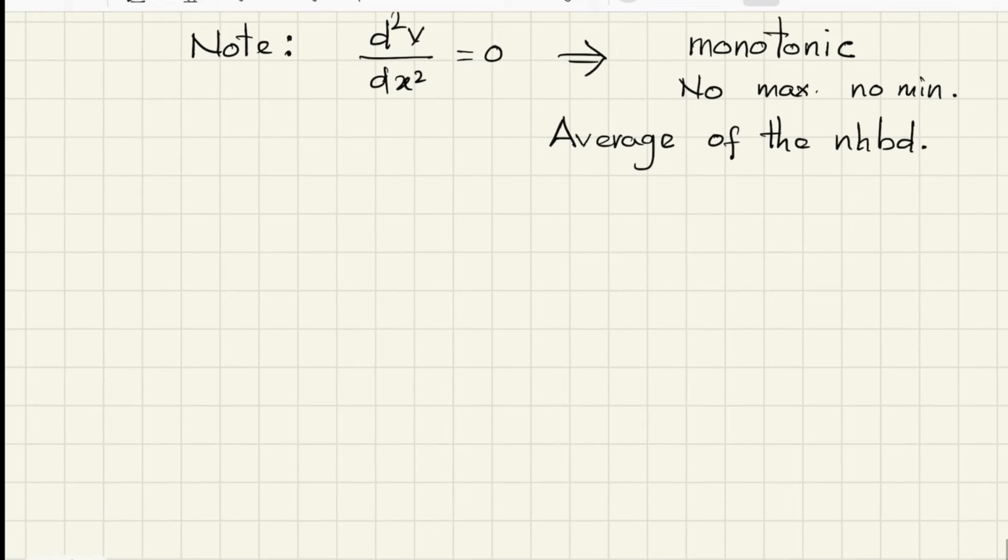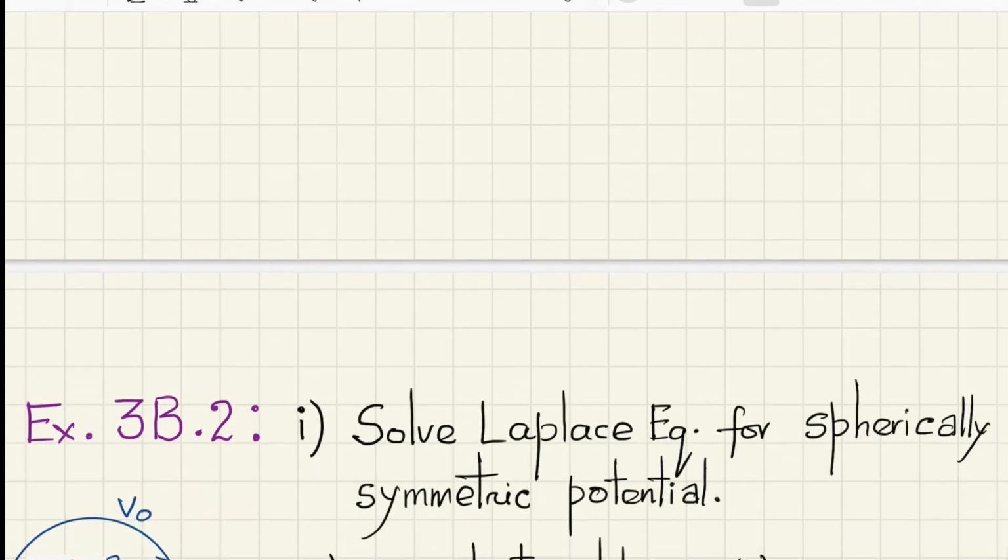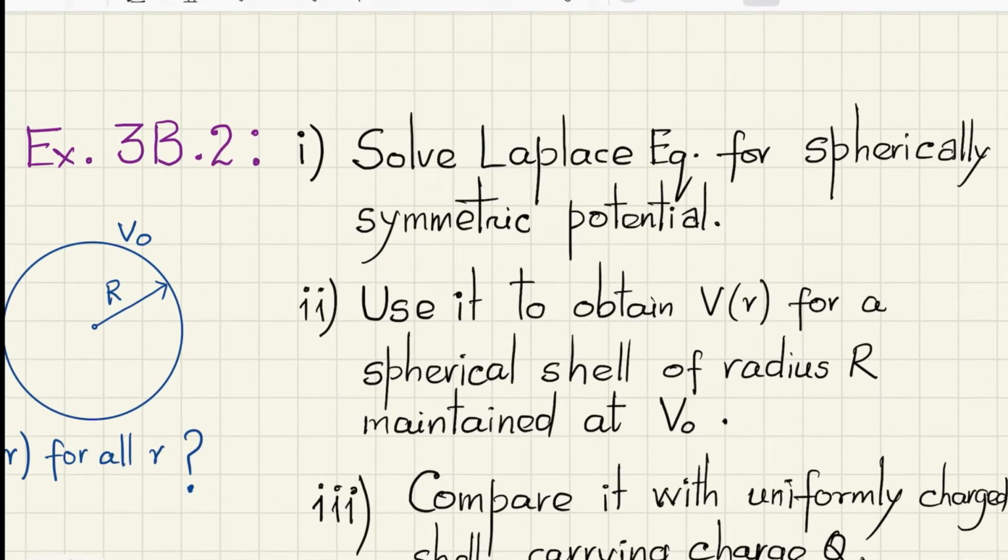Let me take up another example. That was a straightforward one-dimensional example. Let me take up an example in which I first solve the Laplace equation for a spherically symmetric potential, which means my V has only an r component, no theta and phi component.